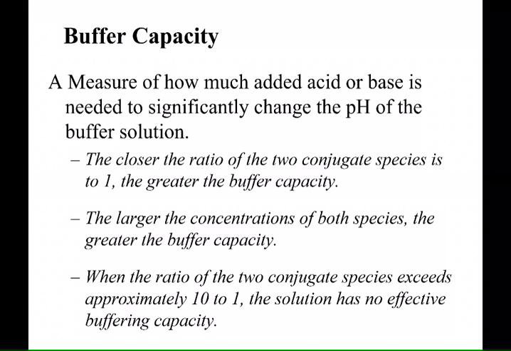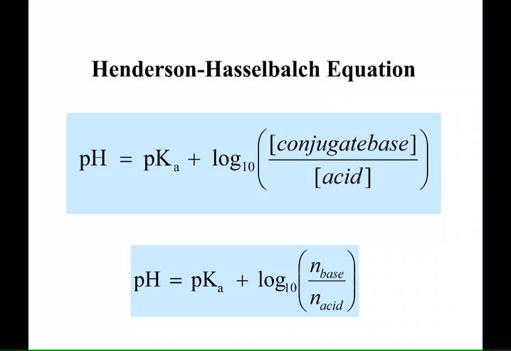So if this ratio becomes 0.1 or 10, okay, if it's outside of that, then you're going to have issues with your buffering capacity. Those are the two forms of the Henderson-Hasselbalch equation.